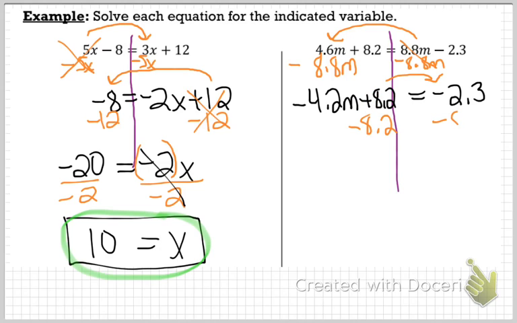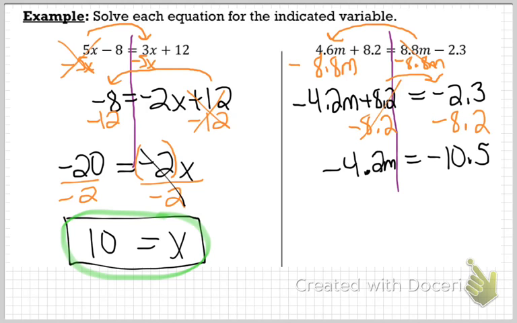And I'm going to subtract it to the buddy over here. Okay. Cancel out, 0 pair. So this, we got to bring it down. Don't forget that that is a negative 4.2 m equals, and it's equal to negative 10.5.